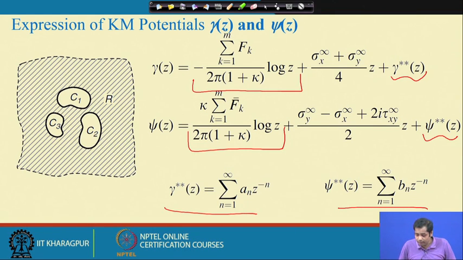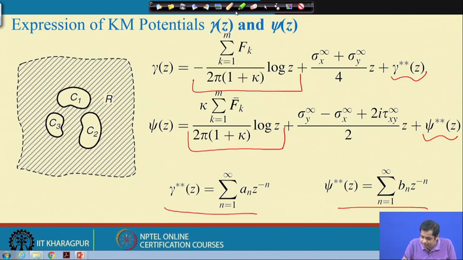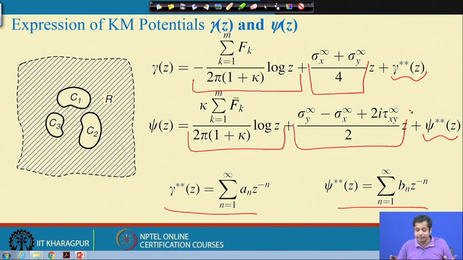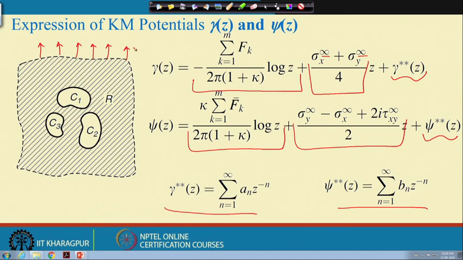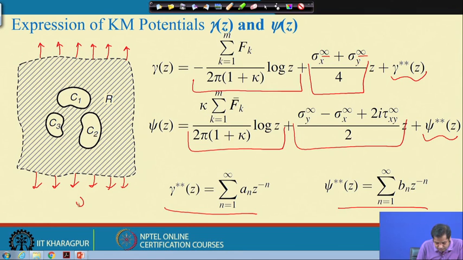Okay. Now, these are the stress values that are specified at the boundary. The infinity means at the infinite boundary, what are the stresses you have. For instance, you can have, say, normal stress here. If this is normal stress, and these are the normal stresses, these are sigma y infinity. Similarly, you can have sigma x here, these are all sigma x.